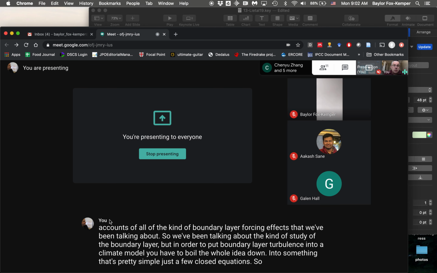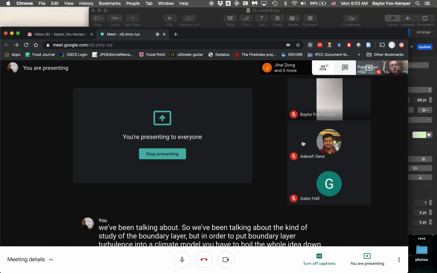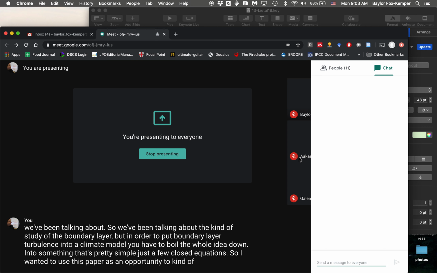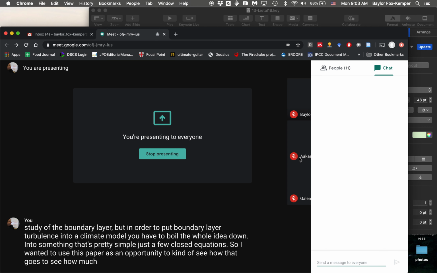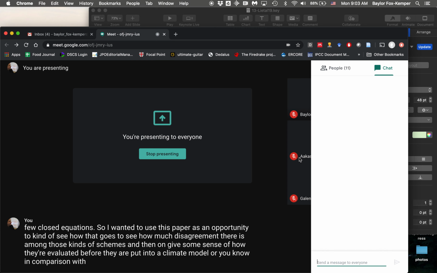So I wanted to use this paper as an opportunity to see how that goes, to see how much disagreement there is among those kinds of schemes, and then give some sense of how they're evaluated before they're put into a climate model or in comparison with one another. And hopefully some themes of how that goes will become clear.